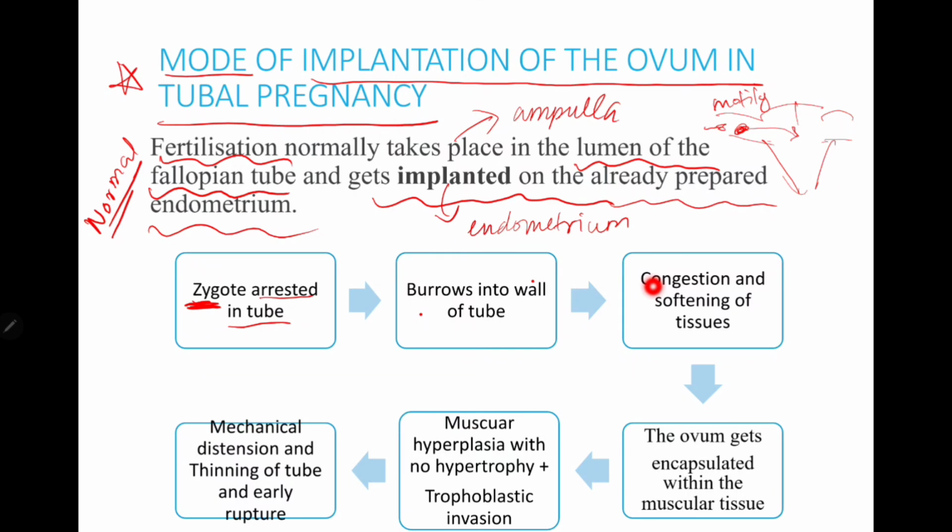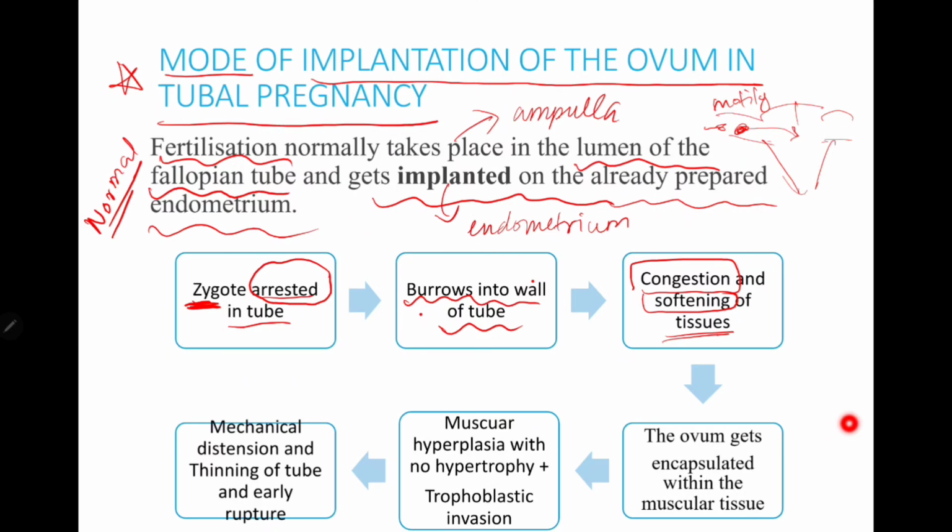So if the zygote is arrested in the tube and there is no motility, it will burrow into the wall of the tube. Then congestion as well as softening of tissues occurs.